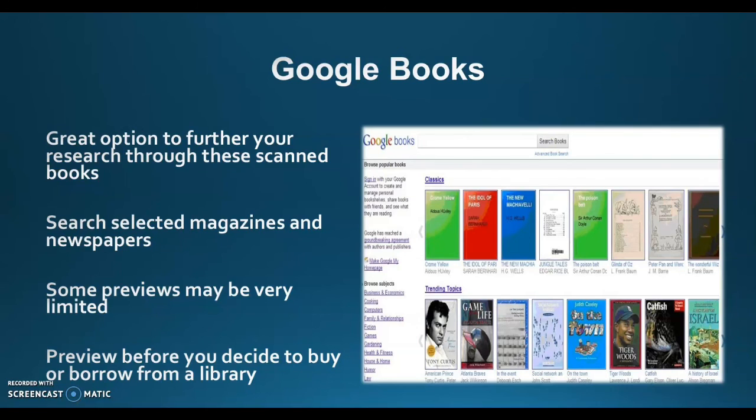It is also an option if there's a book out there that you are interested in and you want to preview it. If Google Books has it, you can do the preview here, so you can look at it before you decide to buy it or borrow it from a library.